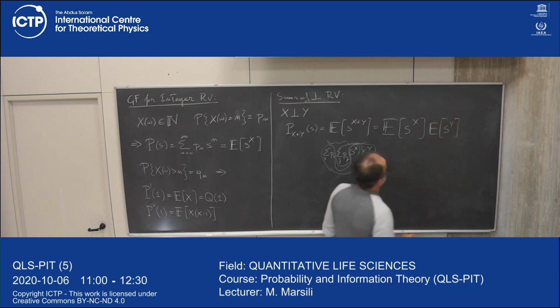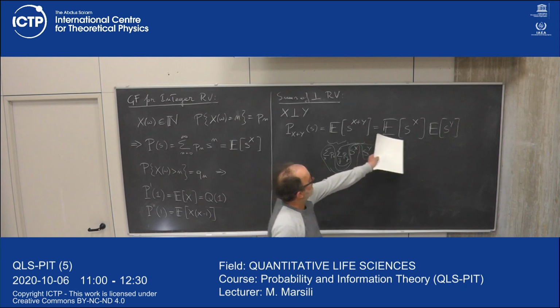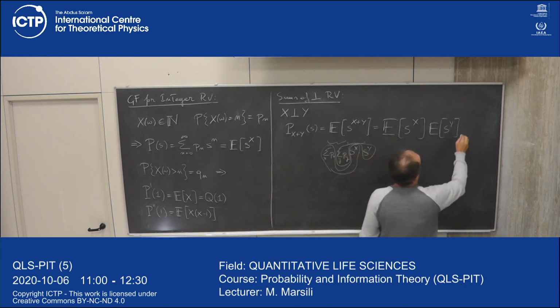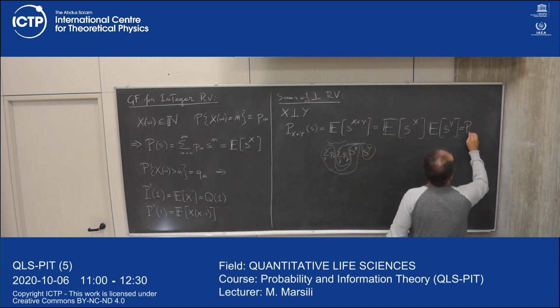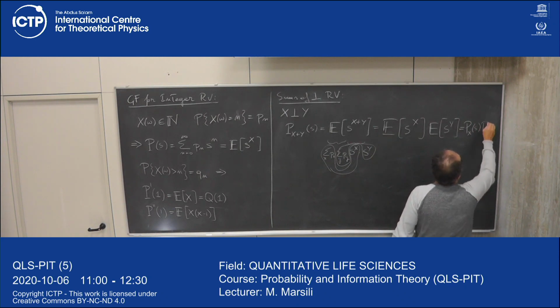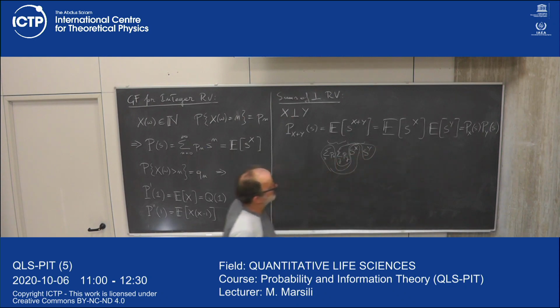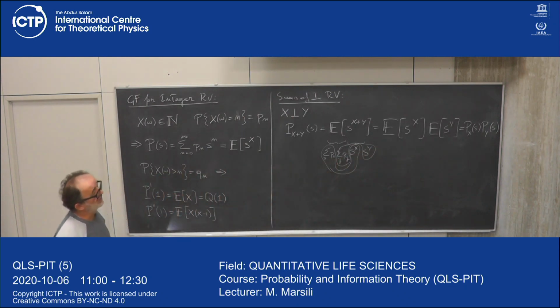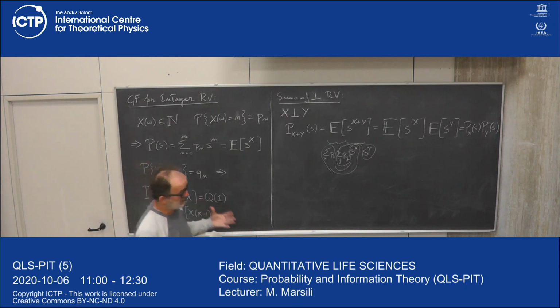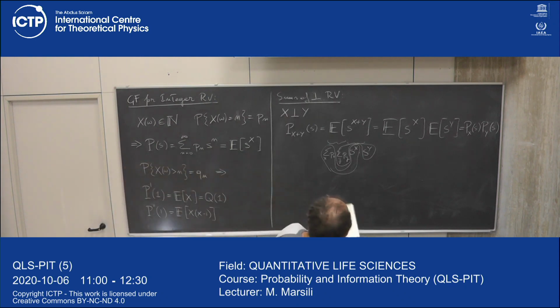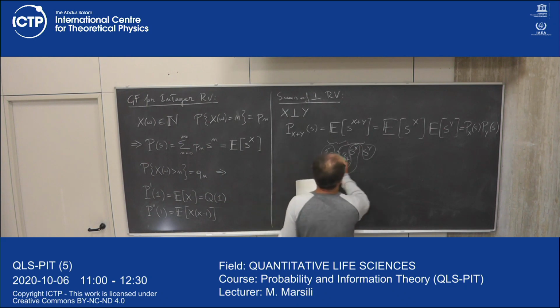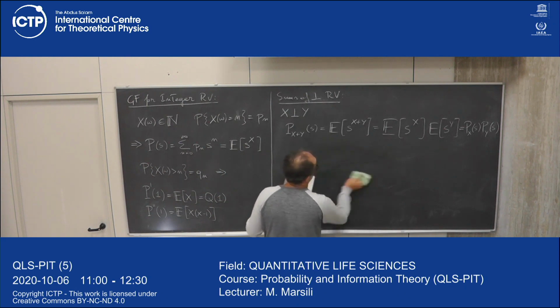And what is this? Well, this is the generating function of x, and this is the generating function of y. Okay, so what we find out is that the generating function of the sum of independent random variables is just the product of the two generating functions.